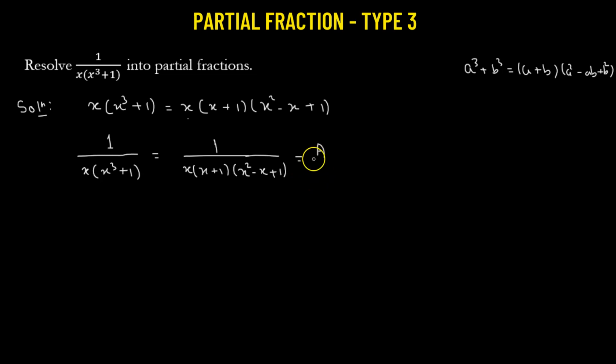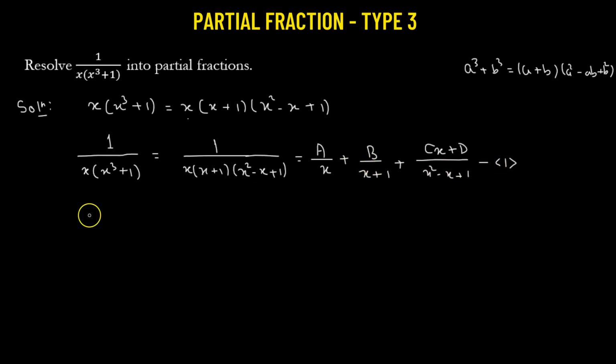The first one will be A over x, followed by B over x plus 1, plus C over x squared minus x plus 1. We have to be very careful with the numerator: because x squared minus x plus 1 is a quadratic factor, we'll have to choose Cx plus D. Our goal is to obtain the values of A, B, C, and D.